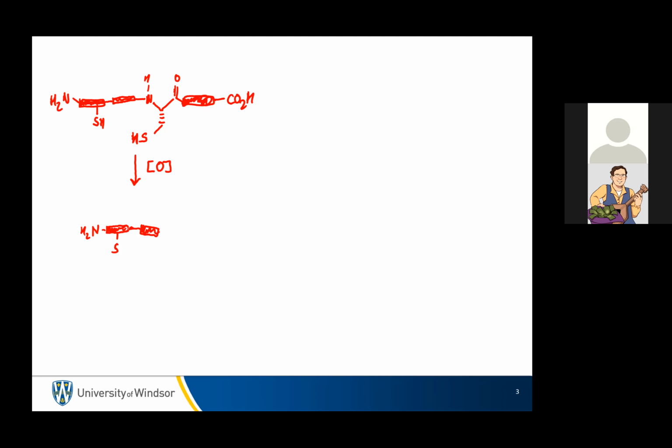So we'll end up with a sulfur-sulfur single bond, which is just a little weird. But of course, this is a disulfide bond.